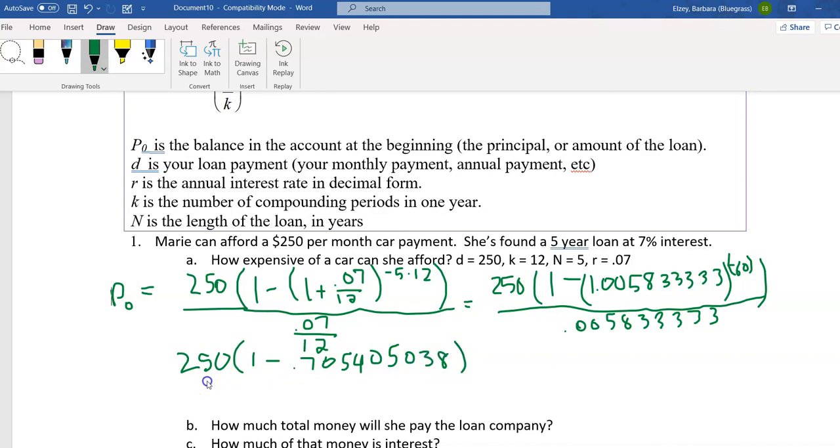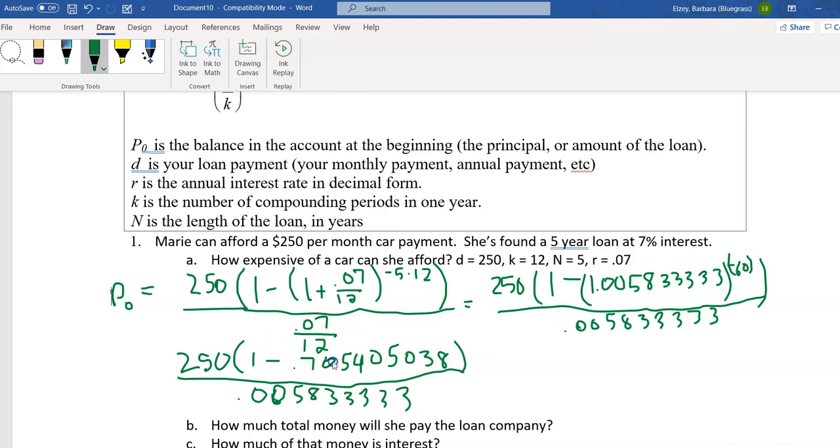And depending on your calculator, you might get a few more decimals than me. I'm using a little bitty calculator at the moment. If you're using a TI, you might have a few more decimal places. Now let's finish the bigger set of parentheses.